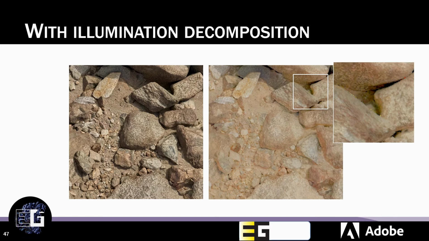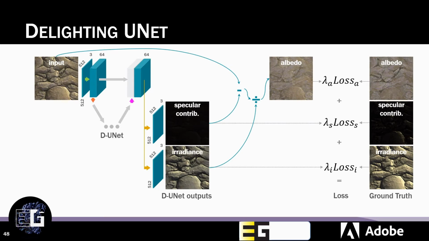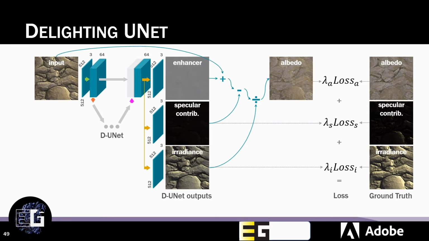However, the division by the irradiance map is causing some instability, and we can observe some saturated pixels in the output at the location of the darkest shadows. To alleviate that, we introduce a third output called the enhancer map that is added to the input before applying the formula.